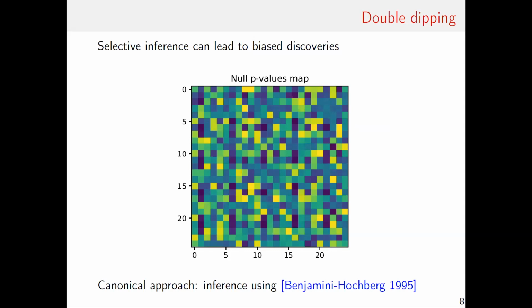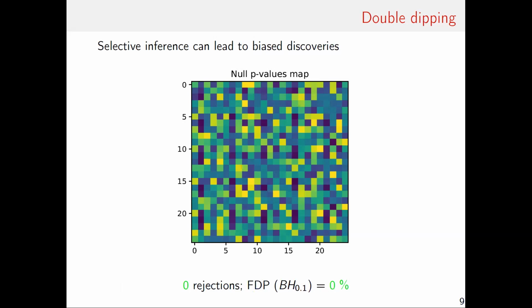And so the most common approach that people will use to reject some hypotheses there is to use the Benjamini-Hochberg procedure, which is the most common solution to multiple testing problems. And if we perform the Benjamini-Hochberg procedure on the whole 2D map, we get no rejections, meaning that the FDP, so the false discovery proportion of the set that we rejected, which is empty, is of course 0%.